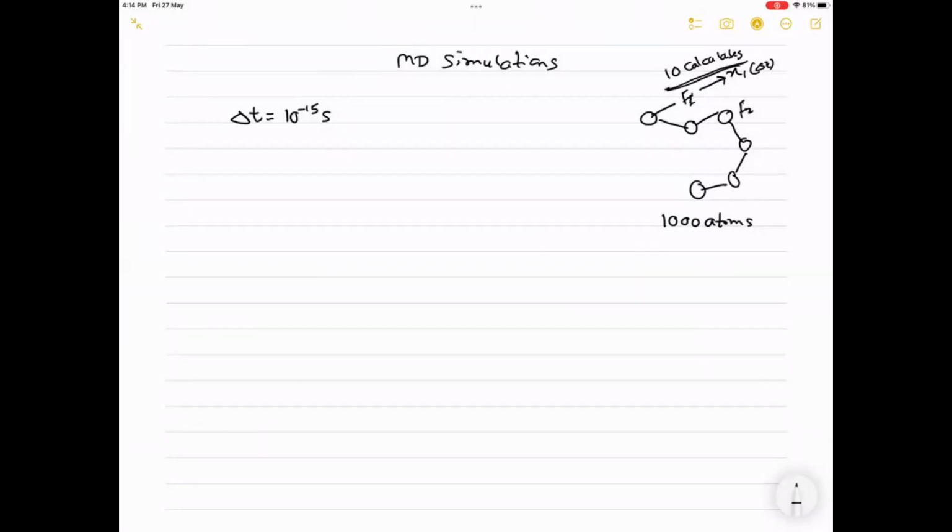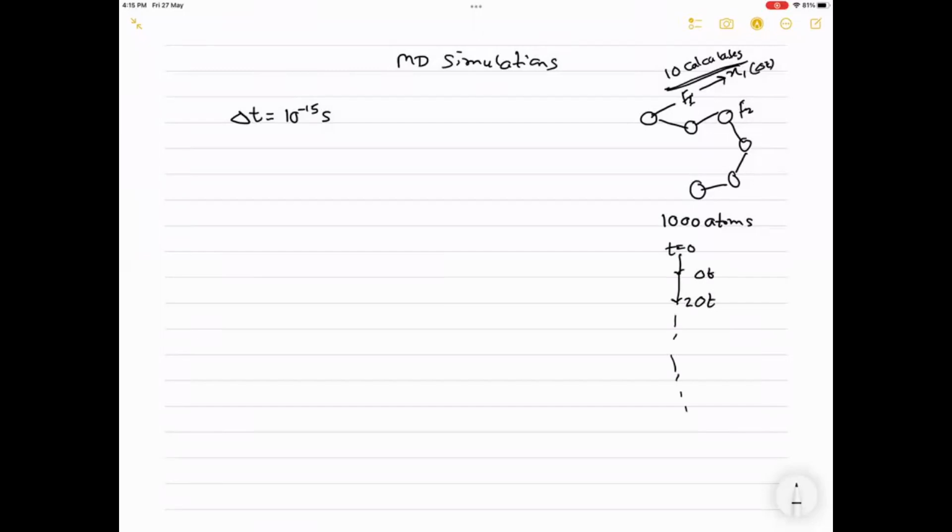So the question is, I have a protein which has 1000 atoms, and to calculate the next position of the atoms, I have to do at least 10 calculations at each time step, because the simulation starts from t equal to 0, then I have to calculate the position at time delta t, then at time 2 delta t, 3 delta t, and so on, at regular intervals.